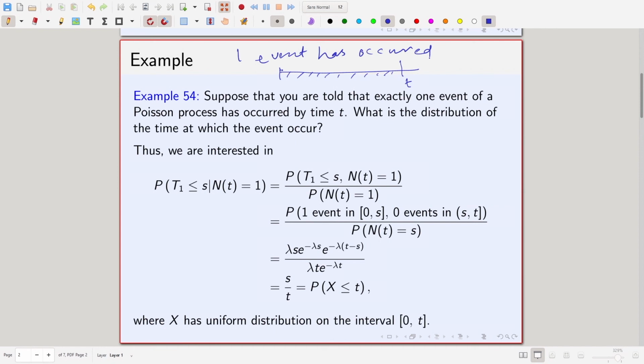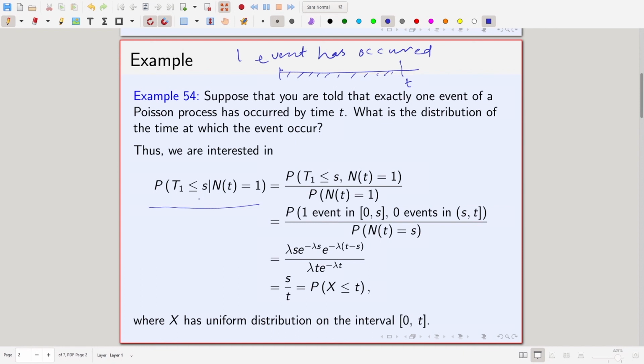Let us see how we can solve this. Basically we are interested in the distribution of the time at which the event occurred, and this is one event, so this is basically the first event. So, we are interested in the probability that the time of occurrence of the first event, T1, is less than or equal to s, given that there has been exactly one arrival up to time t.